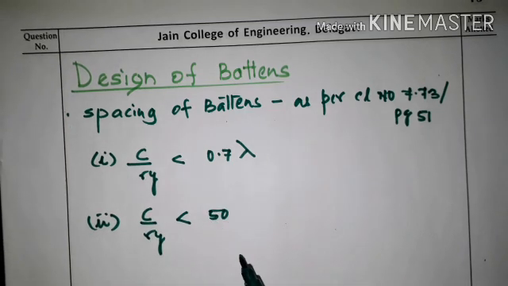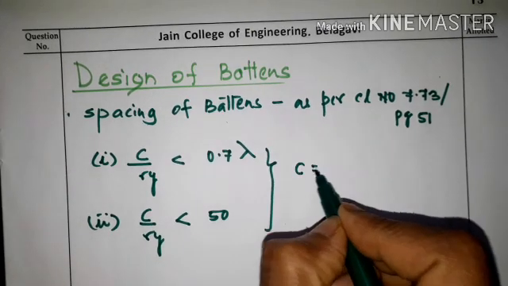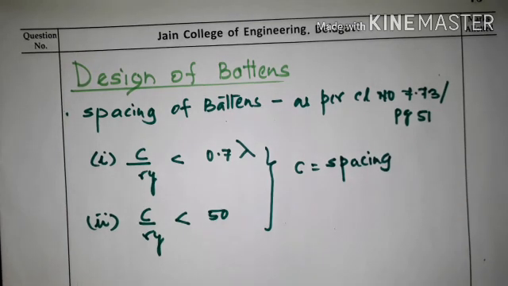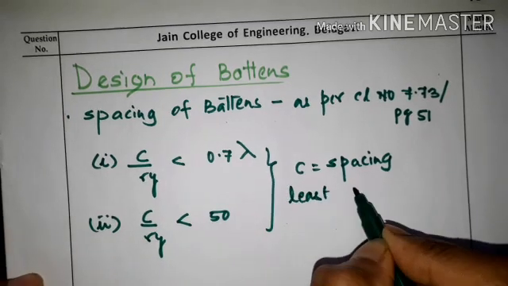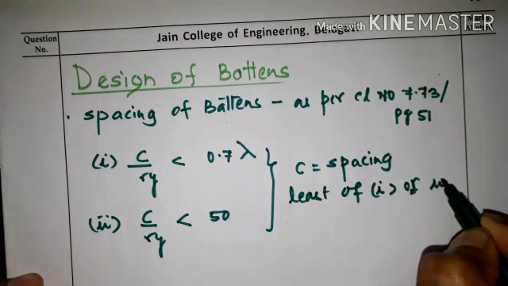So we have to choose the spacing, where C is nothing but the spacing, and C will be a multiple of 1 or 2.